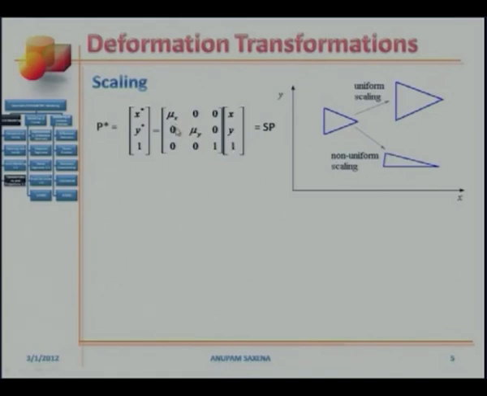Mu sub x and mu sub y will be the two scaling factors. So this 3 by 3 matrix represents the scaling operation. In short, that is represented by S.